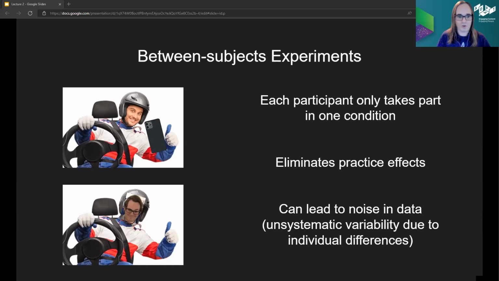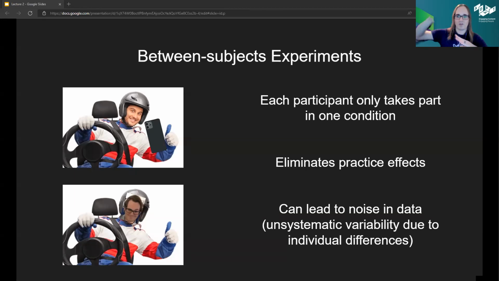Now, of course, with more than just these two participants, if we had 5 or 10 or 50 or 500 participants, we would hope that these individual differences cancel out. They balance each other out. We might also choose some way of sampling people and assigning them to conditions to make sure they balance out. We might ask everyone, before we assign them to a condition, tell me how long you've been driving when you sign up for the test.